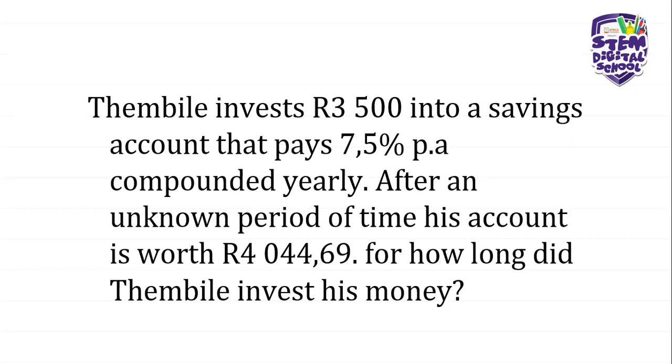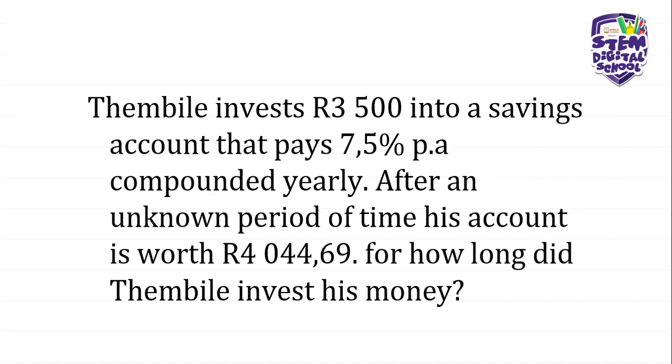So in other words, we need to know, as we did with the first example, how long will it take for this investment to grow from 3,500 rands to 4,044 rands and 69 cents. So basically, this is what we need to do.